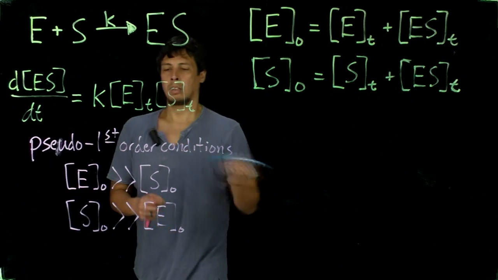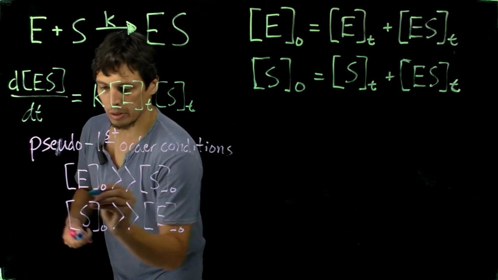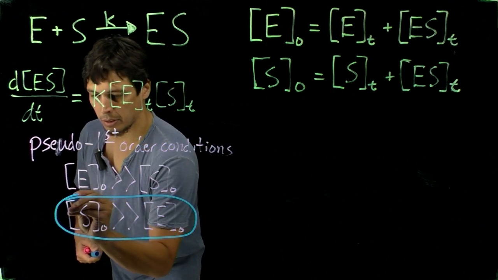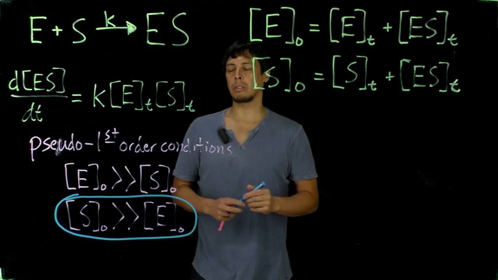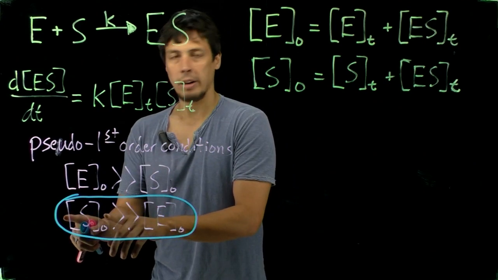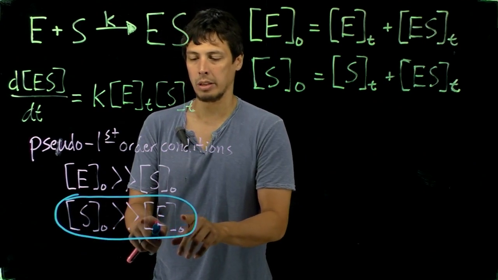In practice, it's typically much easier to do the latter because enzyme is usually hard to get a hold of, but substrate is a little bit easier to get a hold of. So typically we set up our reactions so that substrate has a much larger concentration than E naught.